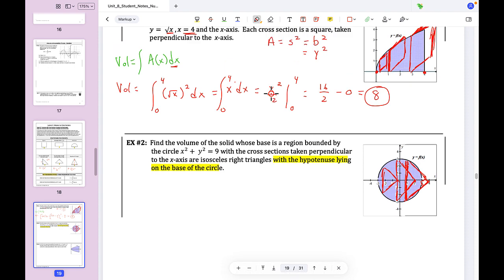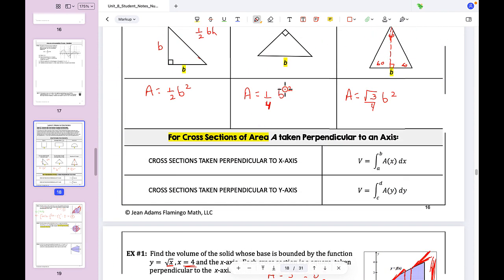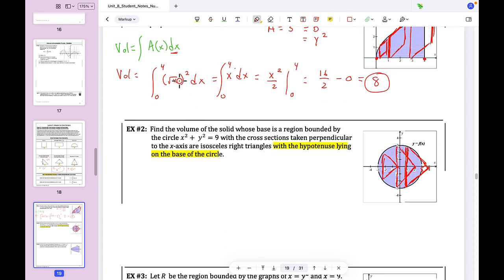So this is where knowing that formula right there is going to help us. Remember, volume is the integral of the area function. So the area equals 1/4 the base squared. So if we're looking at this, well, what is the base?